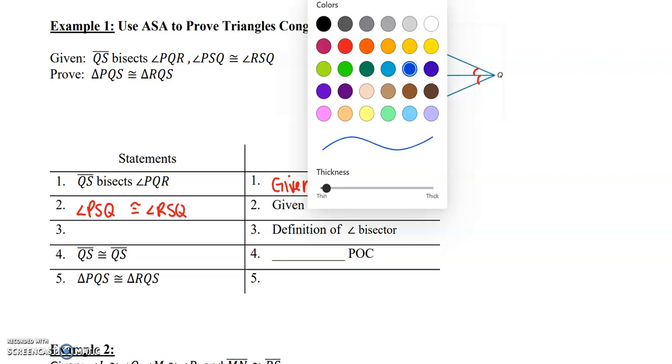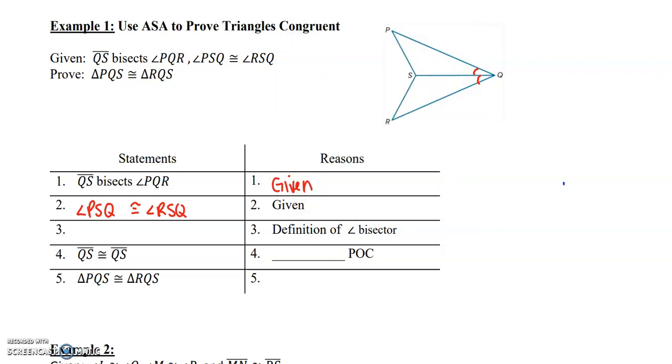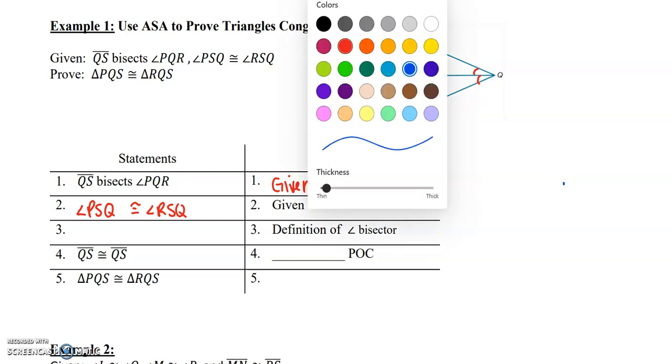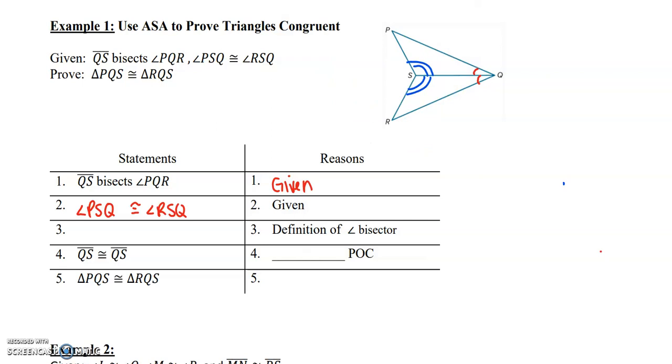And so we're going to mark that information, PSQ and RSQ. And so the other angles that I marked here are the definition of an angle bisector, and that would be PQS and RQS. And so we have those marked in our picture.